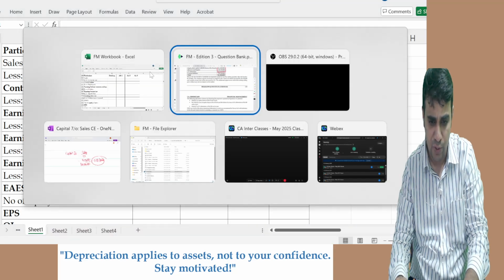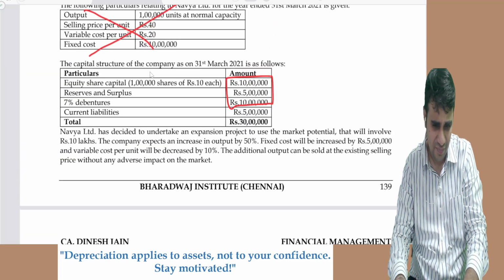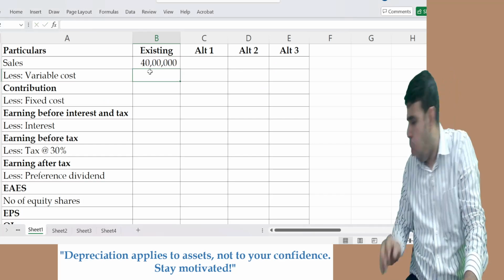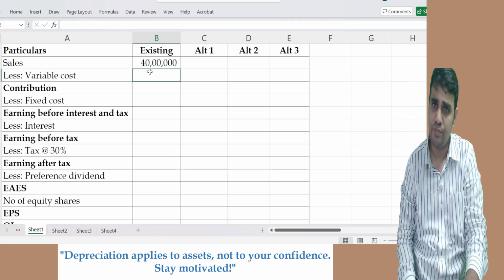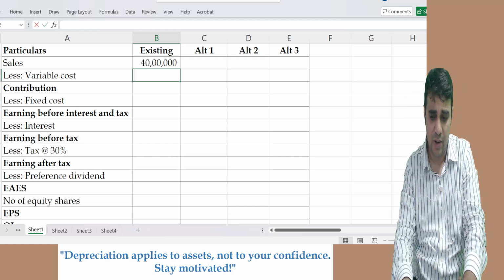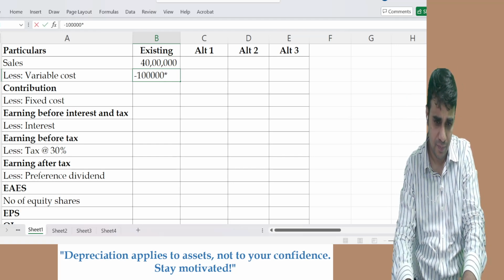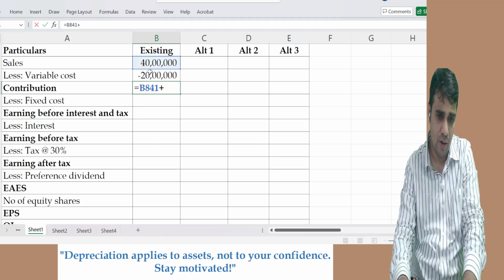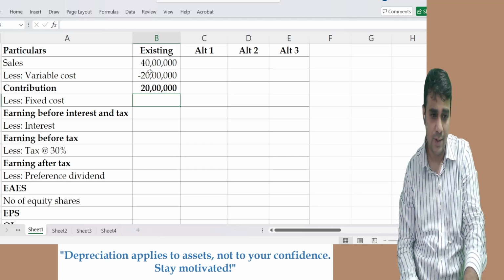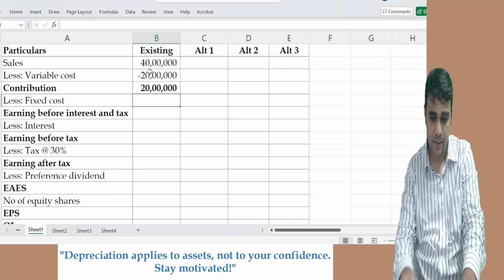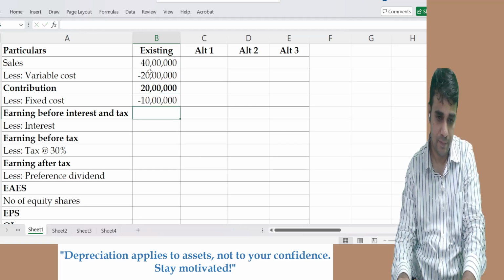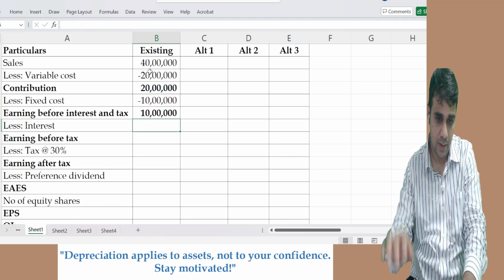What is the existing unit sold? 1 lakh into 40. Variable cost is 1 lakh into 20, contribution is 20. Fixed cost, EBIT 10 lakh.